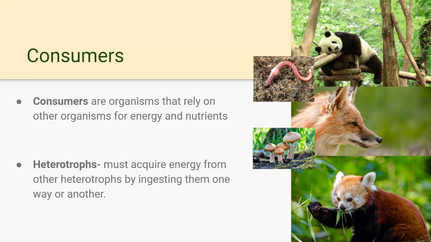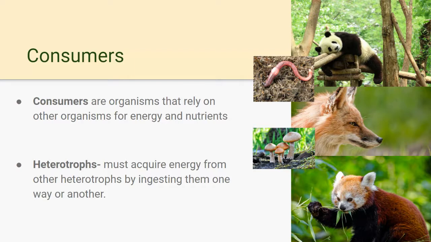Now, we talked about producers, and we also have consumers. Consumers are organisms that rely on other organisms for energy and nutrients, whether that be producers or other consumers. Consumers can't make energy themselves, so they have to eat. And instead of autotrophs, we have heterotrophs.